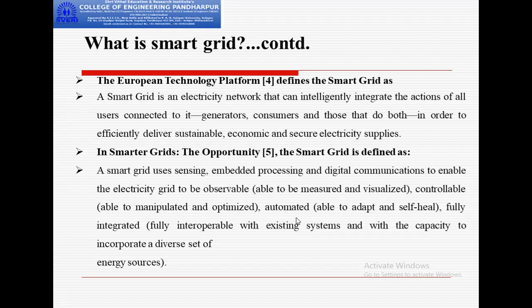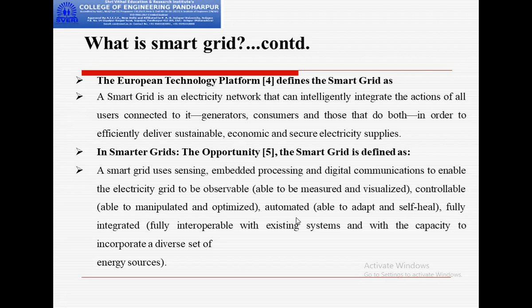We have to integrate all the things, and that will make the whole grid smart. Fully interoperable with the existing systems, with the capability to incorporate a diverse set of energy sources. So integrated, observable, controllable, and automated: these four words also describe the smart grid.